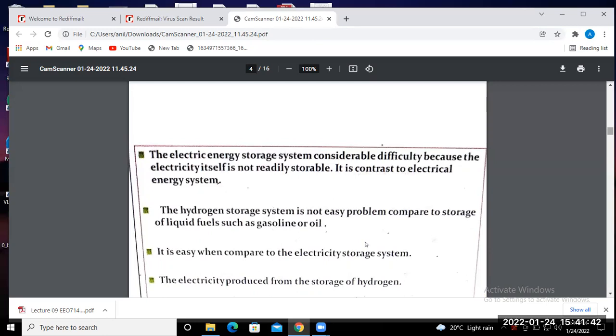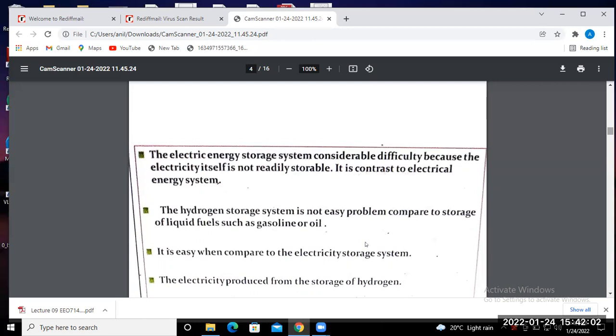So one of the difficulties of electrical energy is that we cannot store energy so that we can supply our home or industry for a very long time.